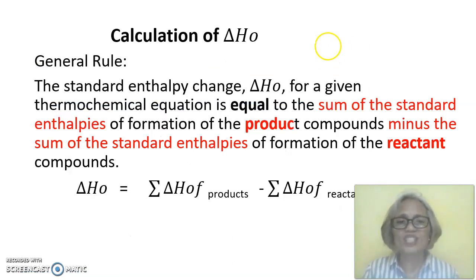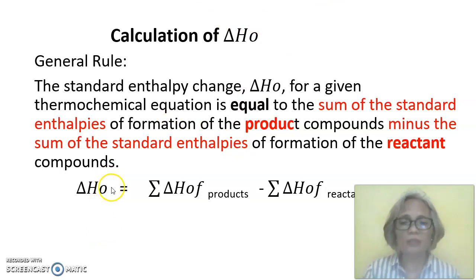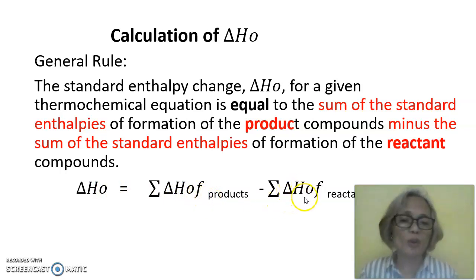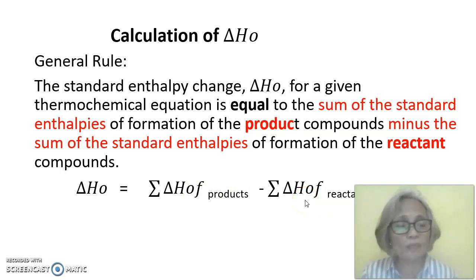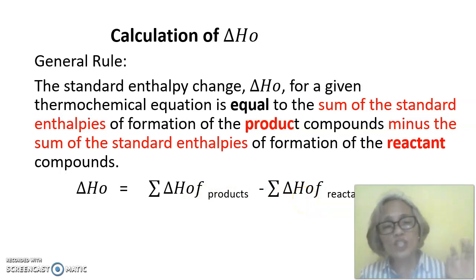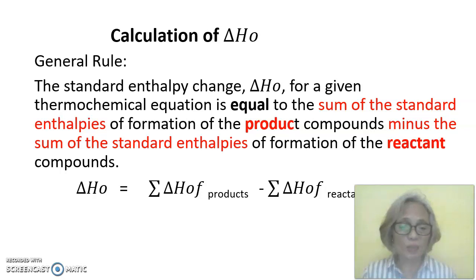As I mentioned earlier, the standard enthalpy change is simply the standard enthalpy of formation of products minus the standard enthalpy of formation of reactants. Basically, you just have to identify which are the products and which are the reactants, which can be easily seen from the equation.